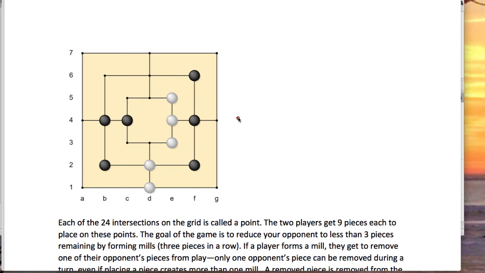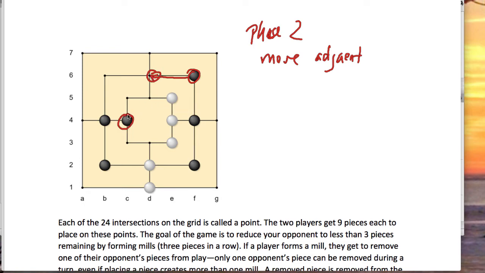Phase 2 of this game is when you move pieces. So we don't have any more pieces to put in there, and you can move to an adjacent place. So for example, I could take this piece and I could move it to there. That's the only place I can move it.